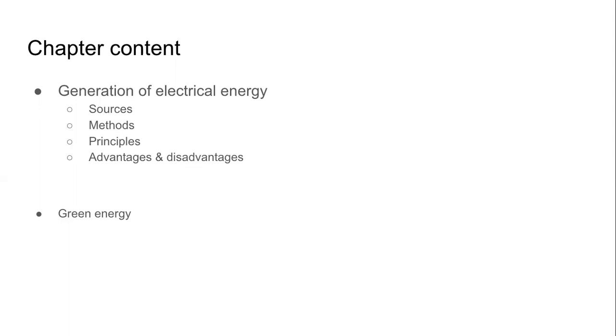And once we have understood the principles, the methods, the sources, the advantages and the disadvantages, we will decide which way we need to go. And perhaps we are going to decide that we have to go towards green energy and nothing else. This is what the chapter will talk about.